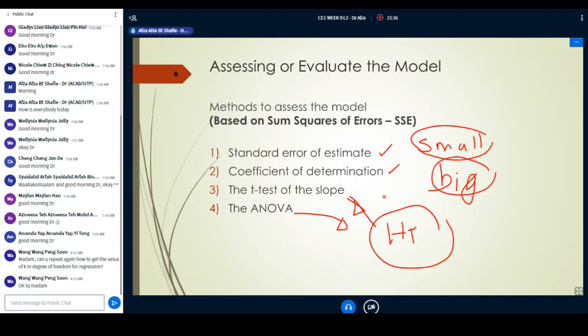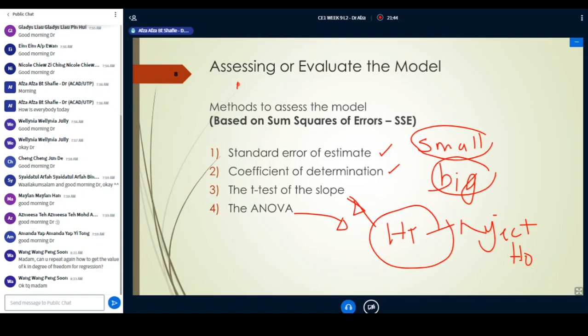Now the t-test will tell you to reject the H naught. We want this to be rejecting the H naught. And also for the ANOVA, we also want to reject the H naught. So if all this is met, this is small, this is big, the t-test says the relationship exists, ANOVA also says yes, the relationship exists, then only we say that that model is a good model.